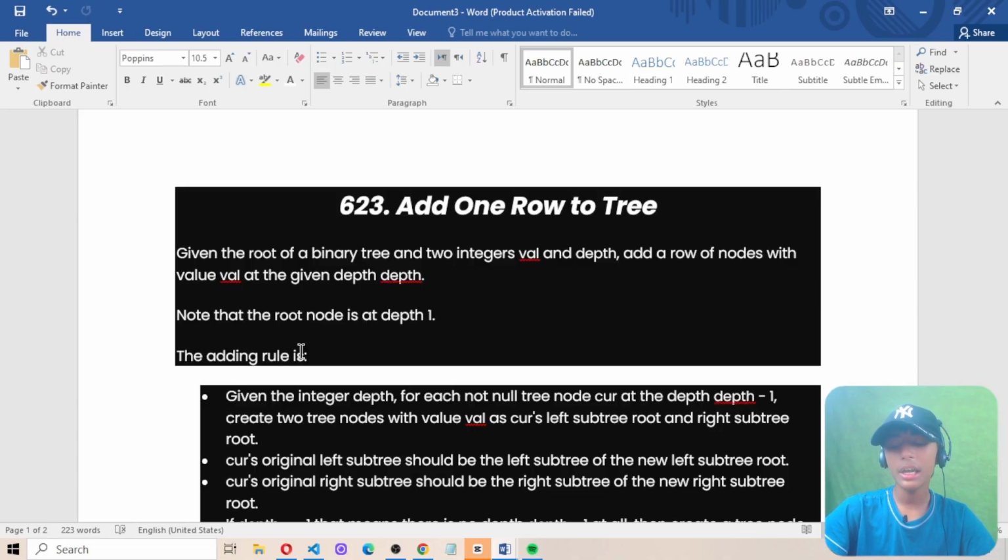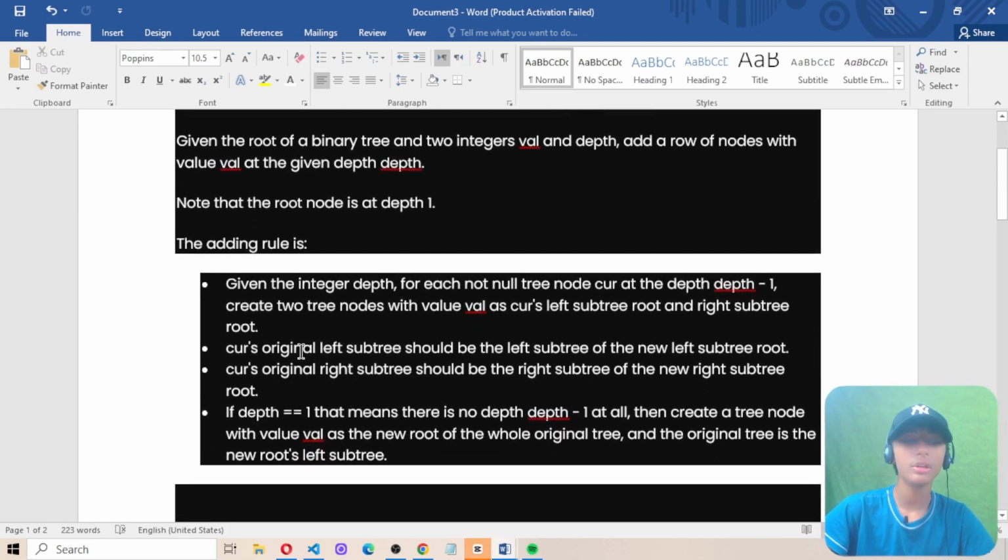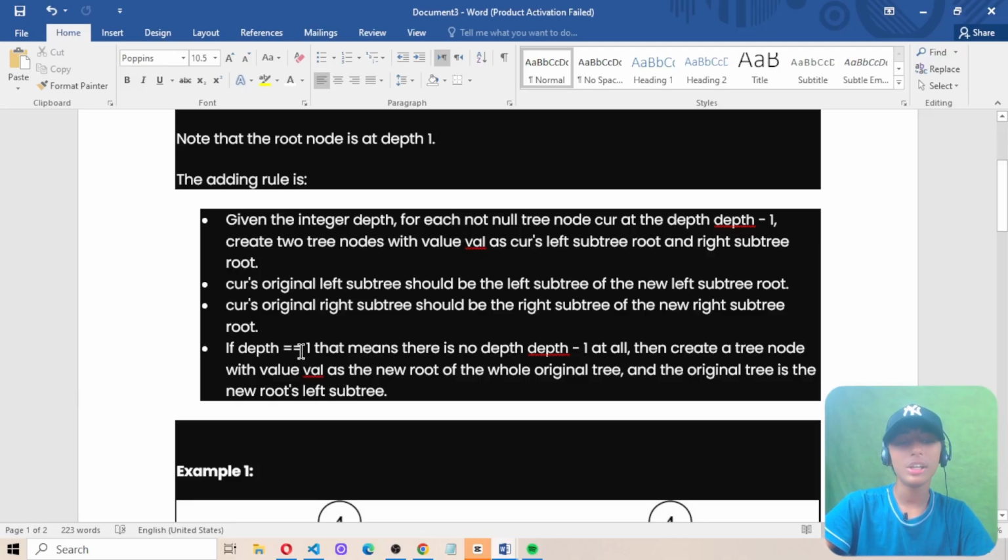Now there are some adding rules. The first rule: given the integer depth, for each not-null tree node cur at depth depth minus 1, create two tree nodes with the value val as cur's left subtree root and right subtree root. Second rule: cur's original left subtree will be the left subtree of the new left subtree root.